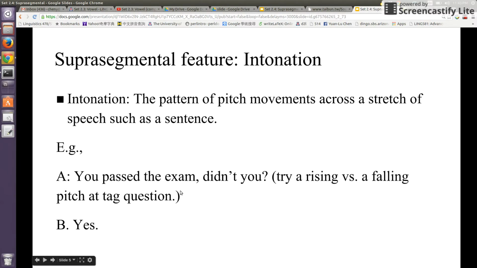You passed the exam, didn't you? We have a falling pitch, right? That means confirmation. And we can have a rising intonation as well. You passed the exam, didn't you? This is more like a real question. This is the second suprasegmental feature.